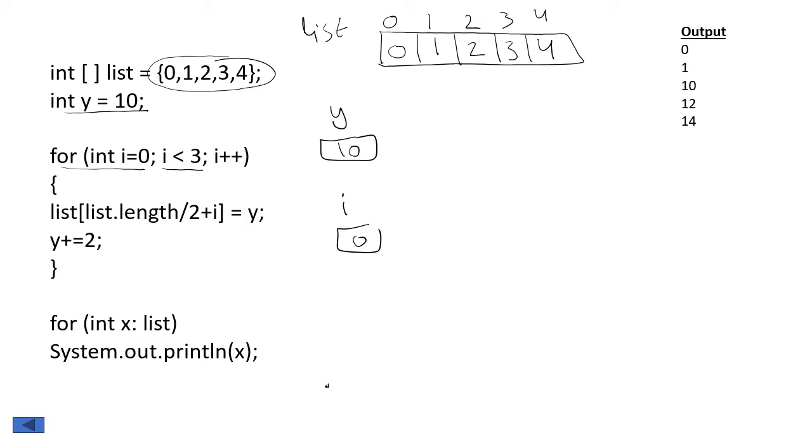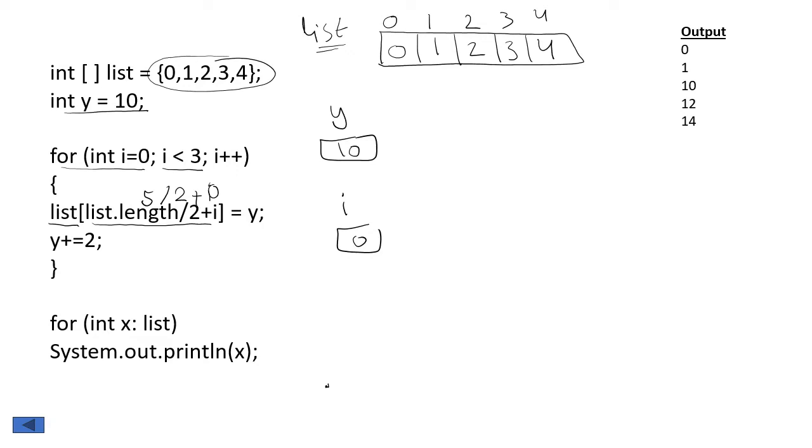Inside our for loop, it says go to your array and execute the formula list.length. The length of my list is 5, so I have 5 over 2 plus i, and my current i is 0. 5 over 2 is an integer over an integer, so it will be 2.